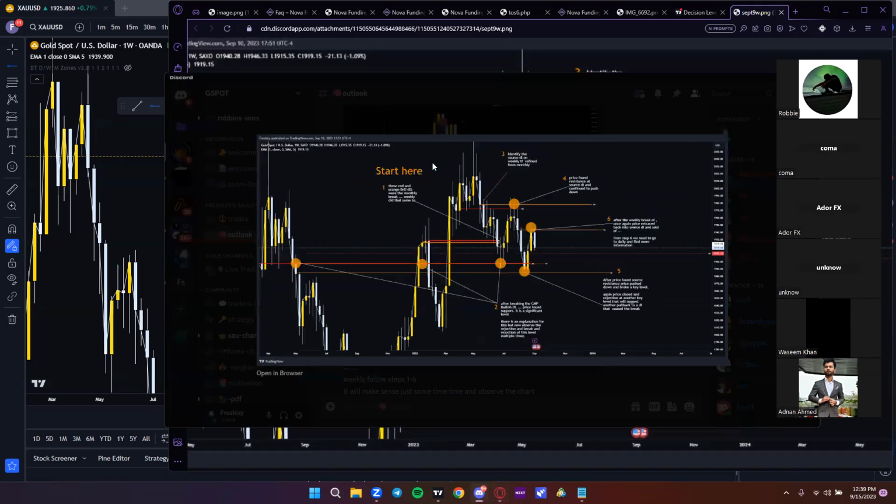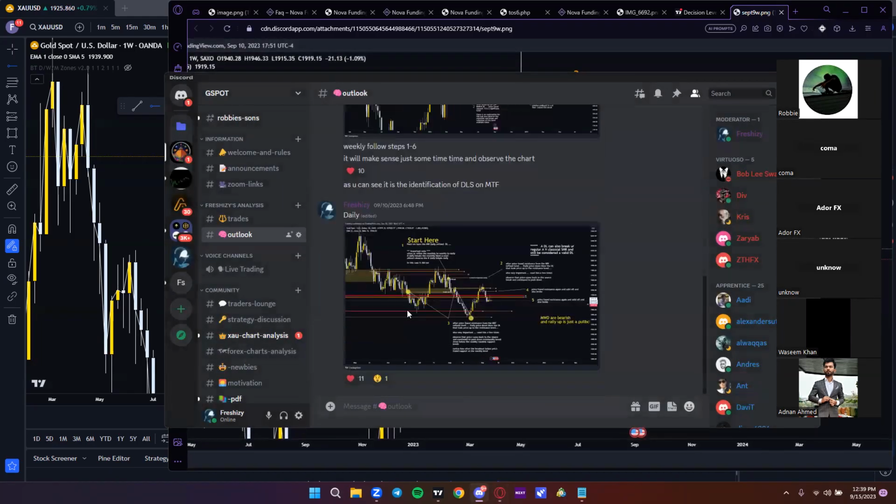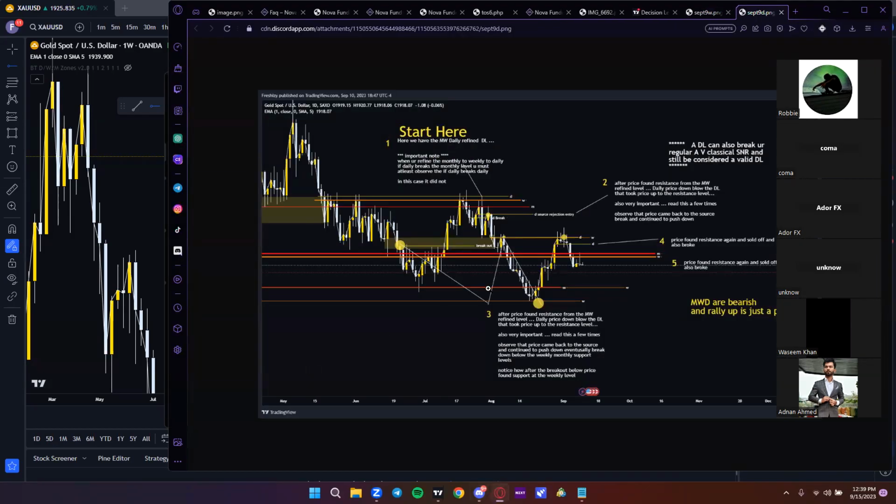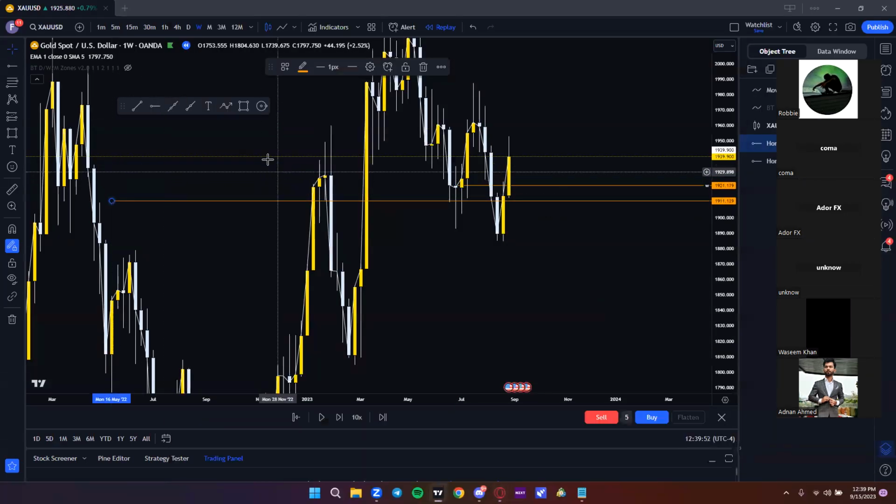If you go to the daily, this is the daily. From that weekly analysis, I was able to determine that monthly and weekly are bearish. How can I prove that daily is bearish? I did exactly what I did with weekly, giving me evidence that we are actually bearish, so any push up is just a pullback to go down.